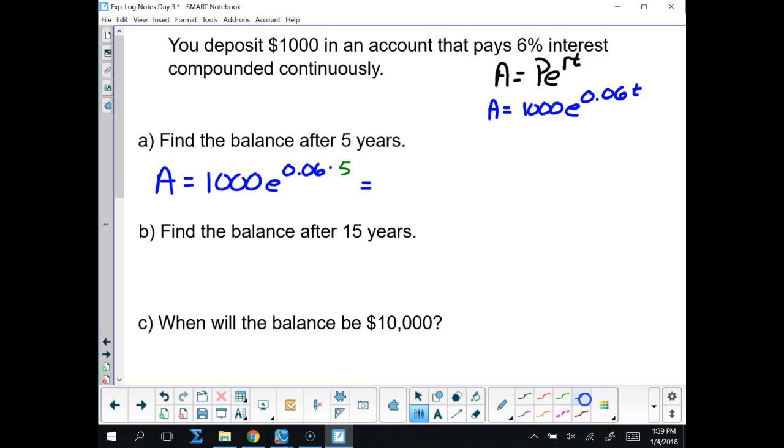And I get, now because we're in dollar bills, $1,349.86. Really, it's a longer decimal on my calculator, but because we're in dollars, we round to the cent.